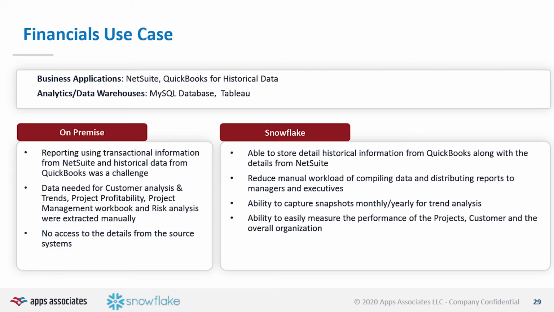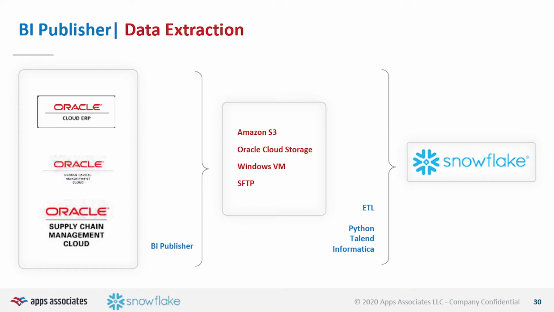And then talking more about the different options that we have with the extraction, we mentioned BI Publisher, and as I mentioned, this has been a reporting solution provided by Oracle, where you can create your reports, and build pixel perfect reports as well.